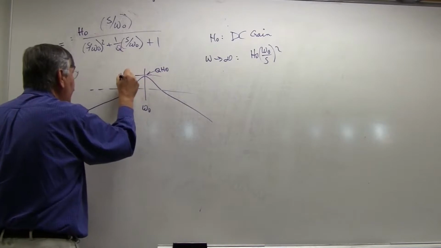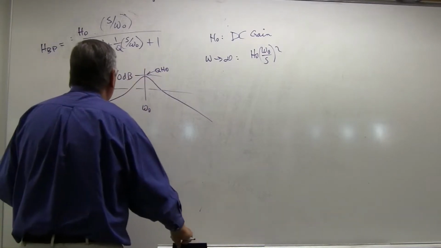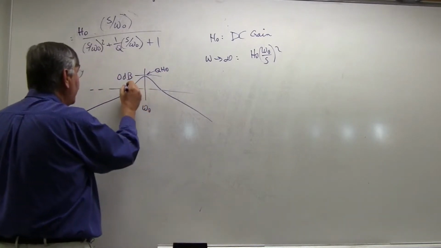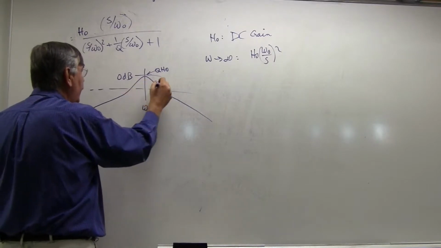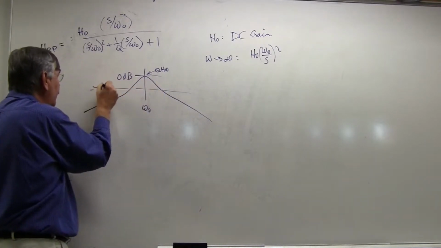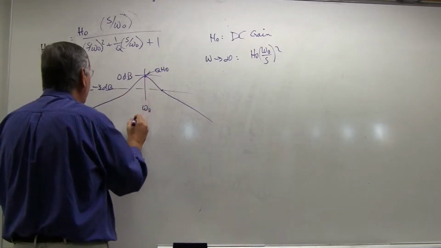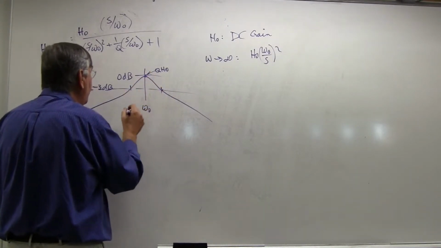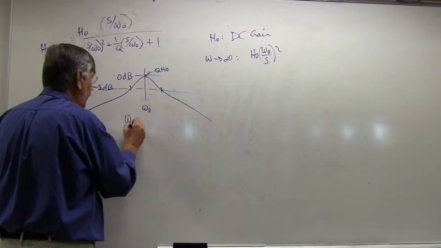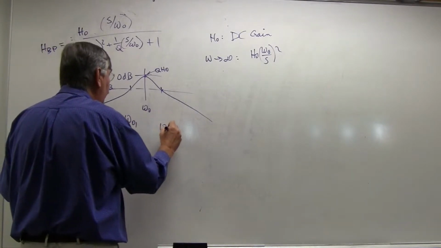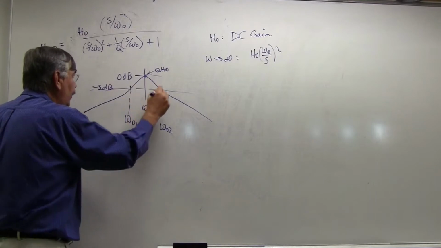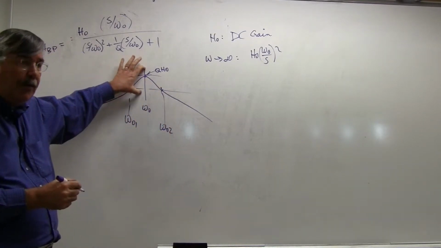If we call that 0 dB compared to something, and come 3 dB down from that, so if this is 1, this is 0.707 on a linear scale, and define two frequencies, omega 1 and omega 2, these are the frequencies at which the gain is 3 dB lower than this.